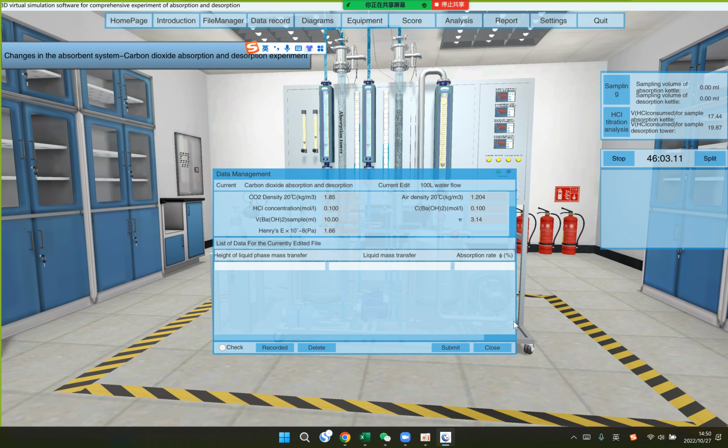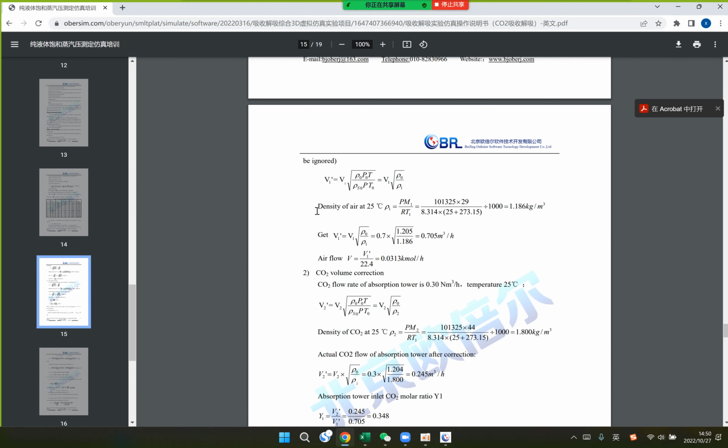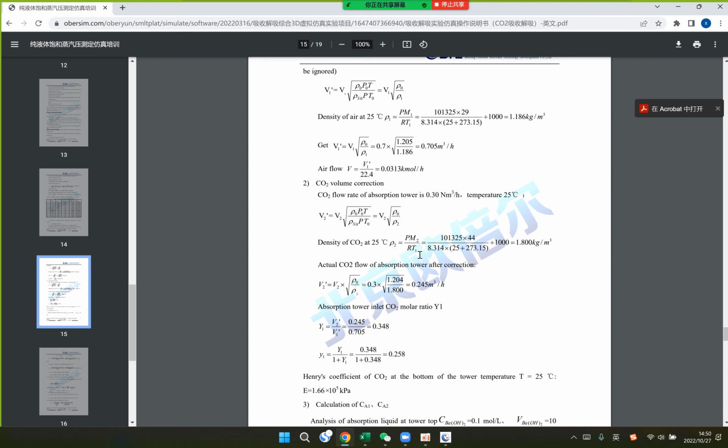How to calculate all of this, you may follow from the guidance book. The guidance book covers the calculation and correction for the air and the carbon dioxide, so you can find the real flow rate for the gas, for the air and for the carbon dioxide.